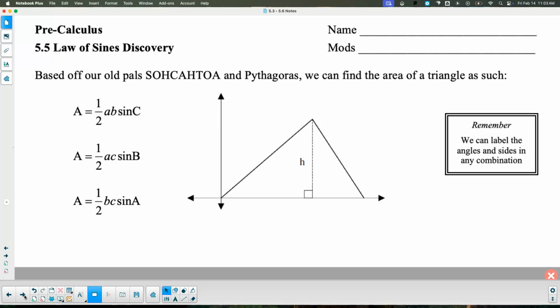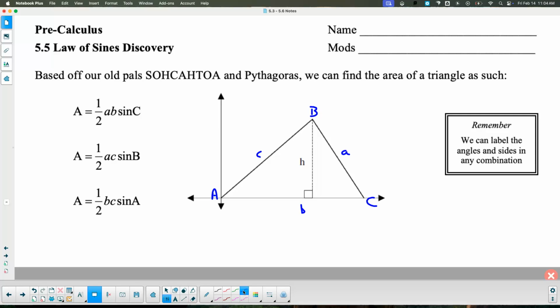If I were to say that this is angle A, then this would be side A. If I were to say that this is angle B, then this would be side B. Angle C, side C. It doesn't matter what combination we use, because the orientation of the triangle will change. That's why all three of these are the same. They all give me the area of that triangle.